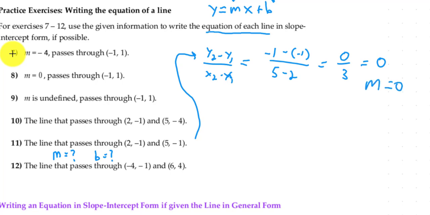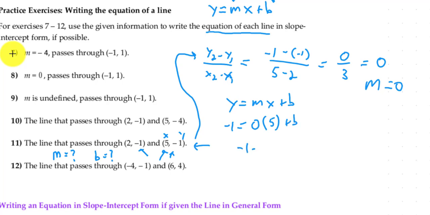And now for our b, well, again, if we know y equals mx plus b, we can use any one of these points. I can use this point or this point for my x and my y. So I'll use this point. I'll put in negative 1 for y. My slope is 0. I'll put in the 5, right, for x, plus b.